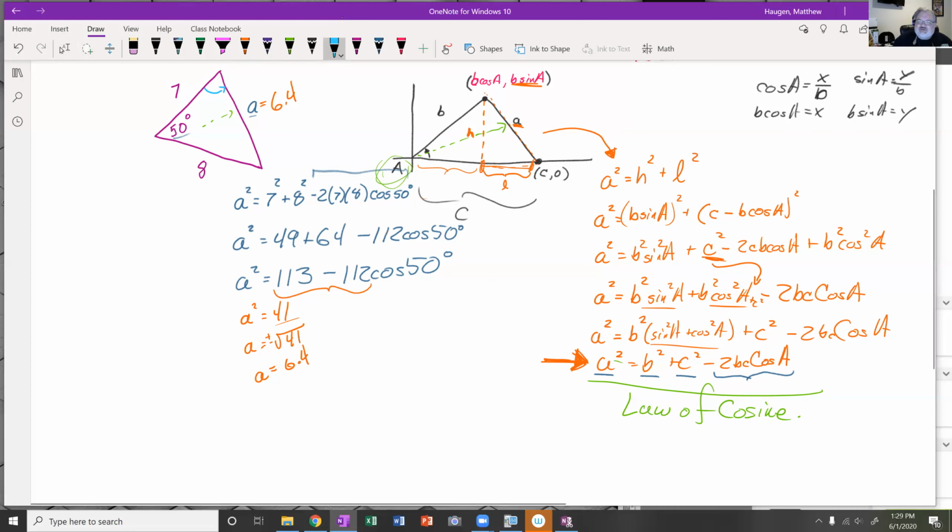Now, we've got two angles here. We've got the blue angle and the green angle. If you can see my colors, hopefully you guys can see the colors. So the question I have for you guys is, which of those should we find first, the green one or the blue one?